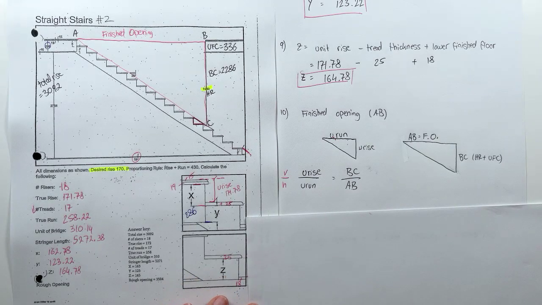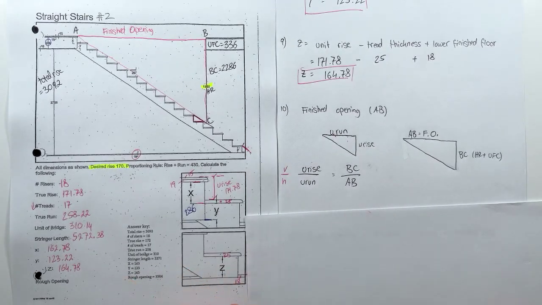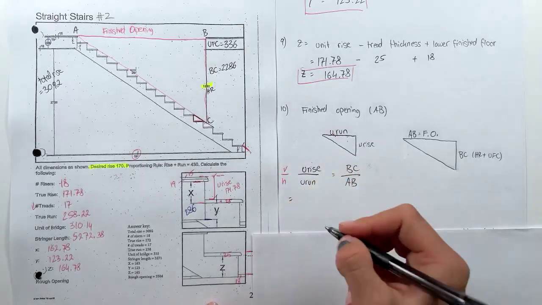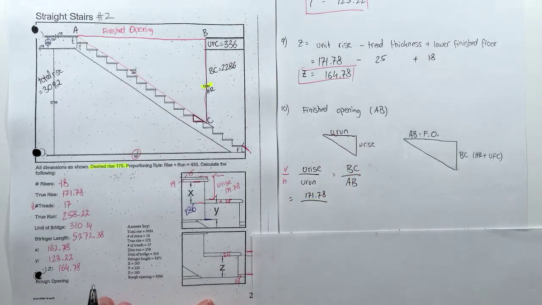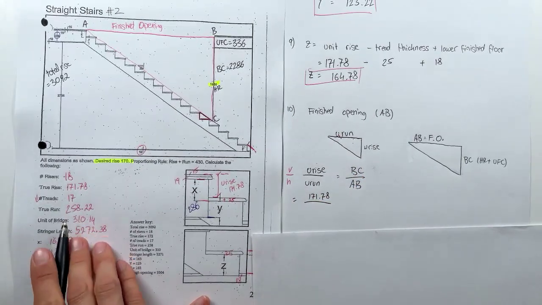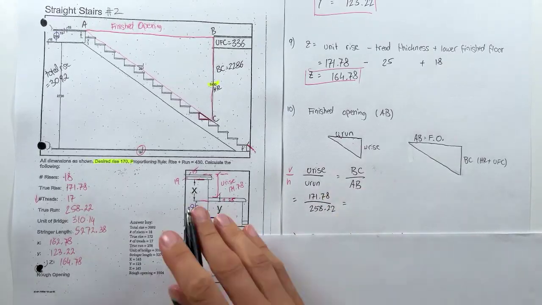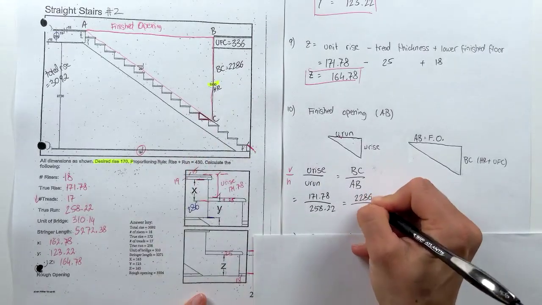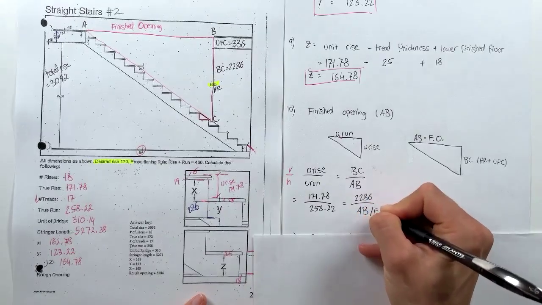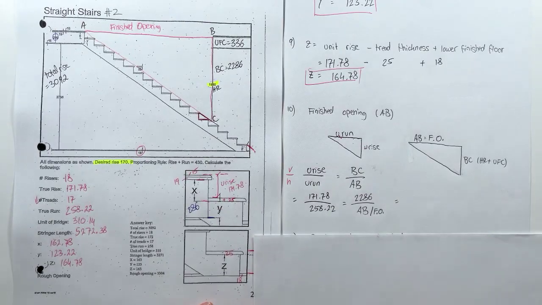So let's see what kind of numbers we have. Whenever you do ratio and proportion, we must have three numbers and we're just looking for the fourth. So let's see. We know our unit rise, 171.78 over unit run. We had that figured out too. 258.22 equals BC we know. We already figured that out. 2286. And AB, or finished opening, however you want to say it, is what we're trying to find.